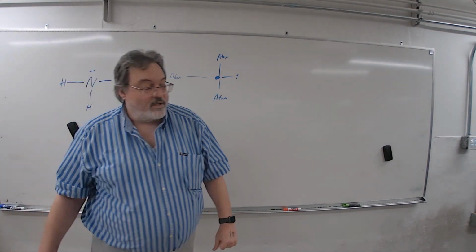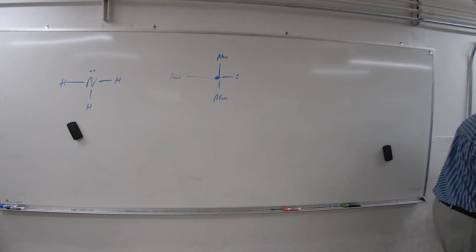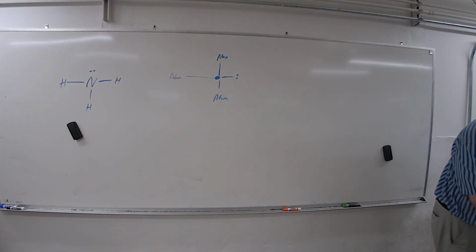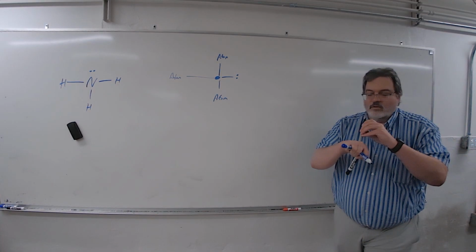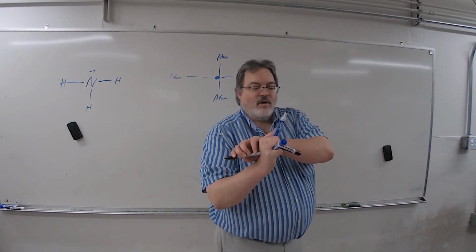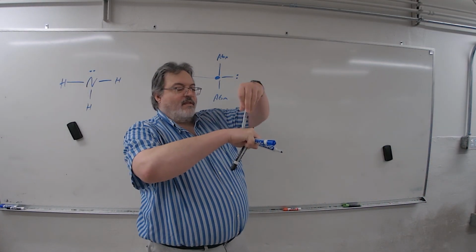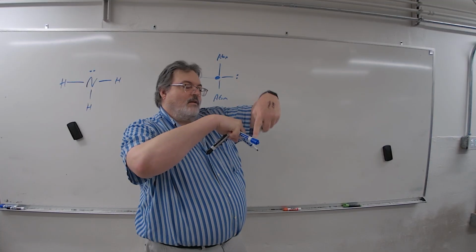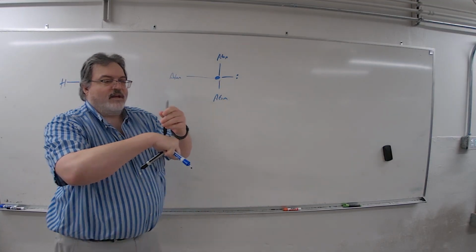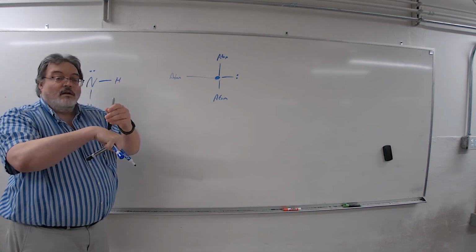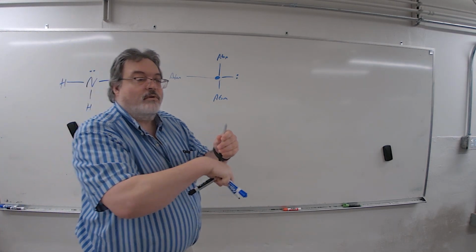I should get the model kits out, but it's the one that looks like this. It's like that, sort of. So I can't draw it on the board. But if you ignore, say, this part, you've got the atom in the middle, and then you've got the base of a pyramid here, and a pair of electrons will be at the top. That's the trigonal pyramidal.